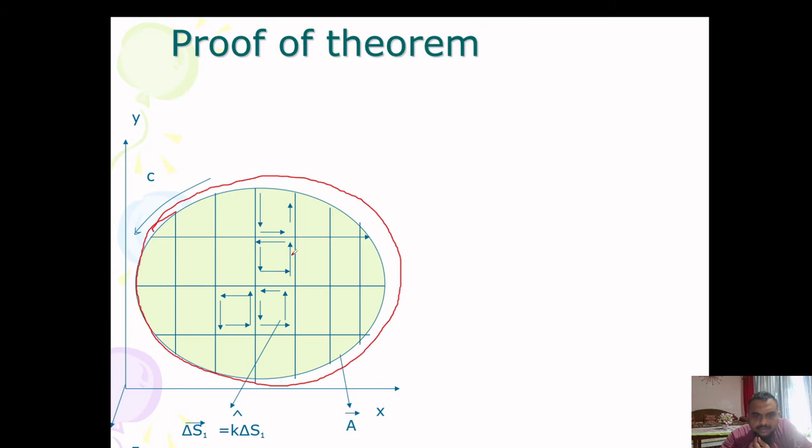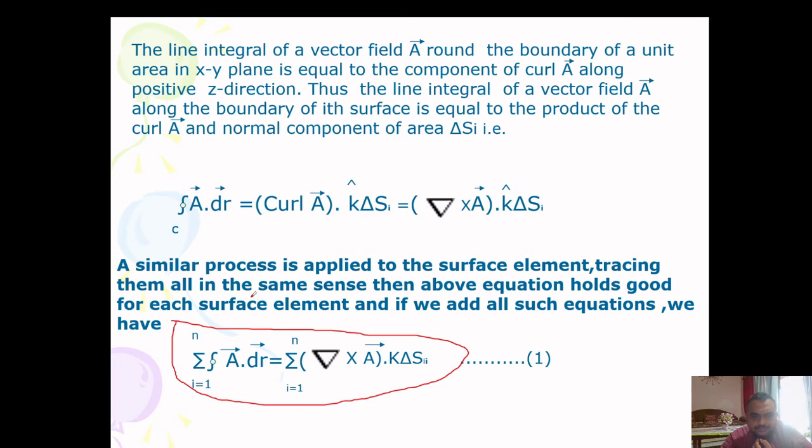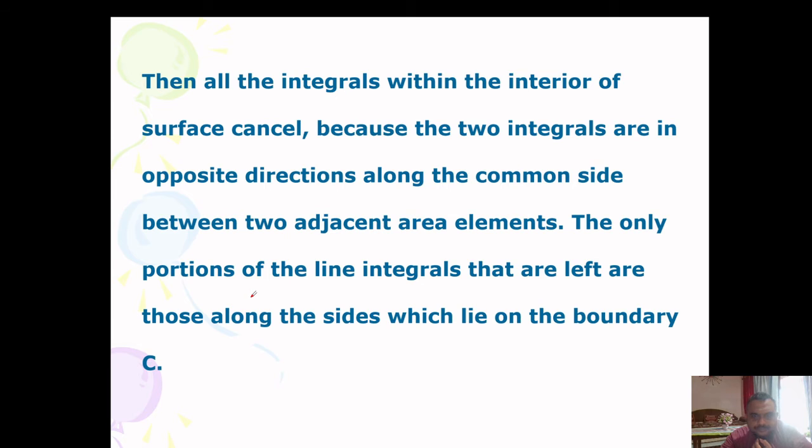So in this small infinitesimal area, when I take the line integral, this direction and this direction are in opposite directions, so they will cancel out. So the only portion of the line integral that is left is those along the sides which lie on the boundary.